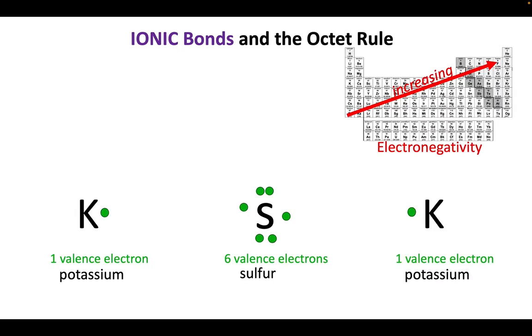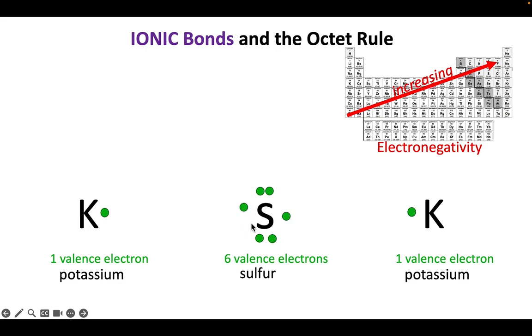Let's do another example here. We have sulfur way over here, highly electronegative, really likes electrons, and potassium's way over here on the left, weak electronegativity, doesn't really have a strong hold on its electrons. Potassium has 1 valence electron, each of them. Sulfur has 6.